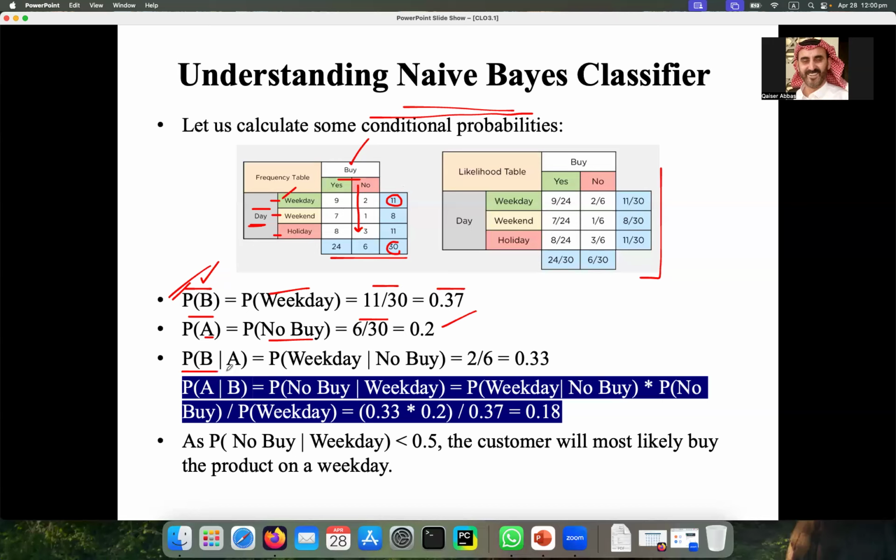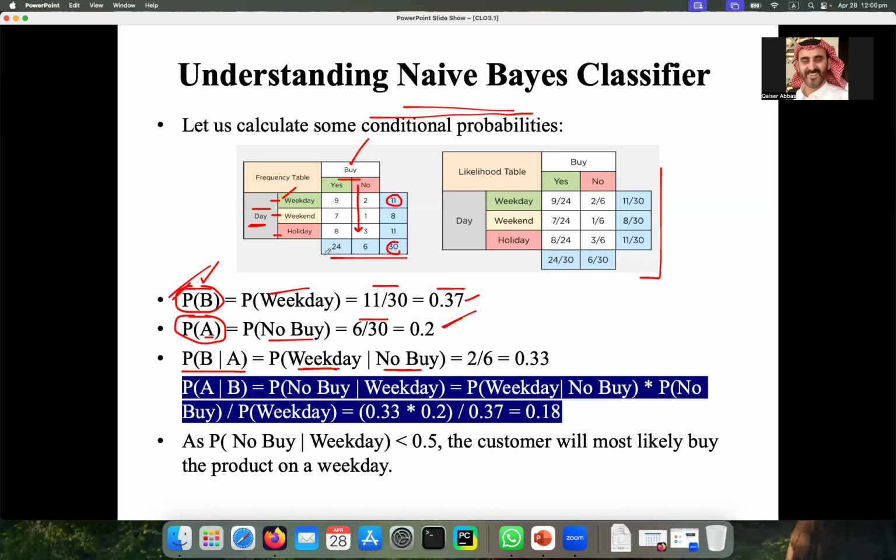Now probability of B given A. You have calculated A, and you also have calculated B. Maybe some person can divide this 0.37 by this 0.2 and get the answer, but no, you have to go along with the formula. So what is probability of B? B is weekday, and A is no buy. You just replace, and it is saying you have to calculate probability of weekday given no buy.